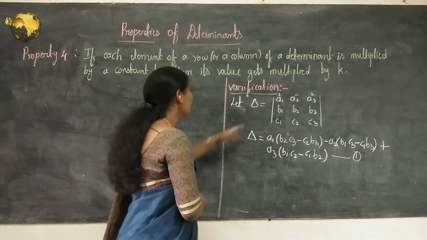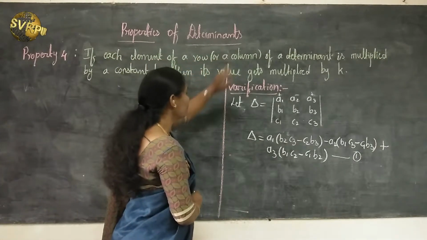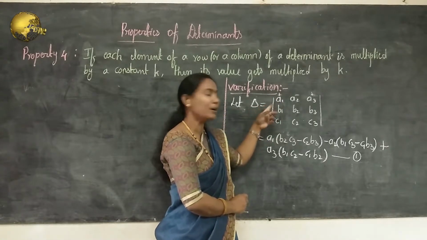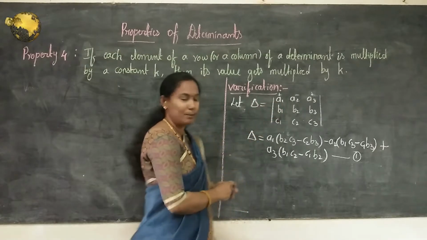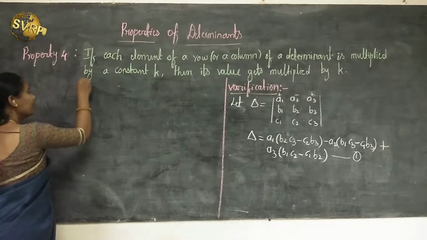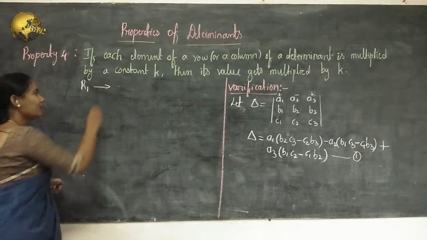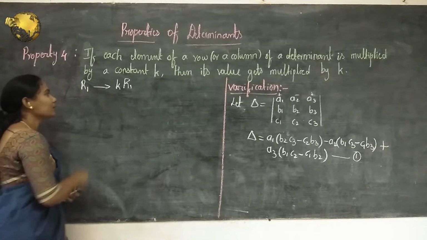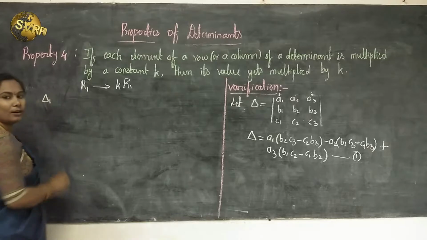Now according to the property, if each element of a row, that means I can take any one row or any one column, I multiply that row by a constant k. Let me see what happens. I'll change row 1 and multiply it by a constant k. Then I take the new determinant as delta 1.